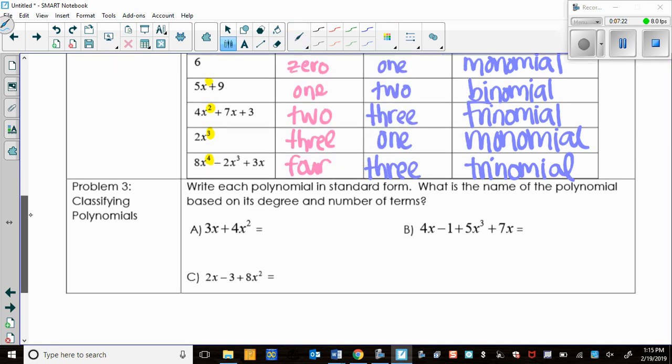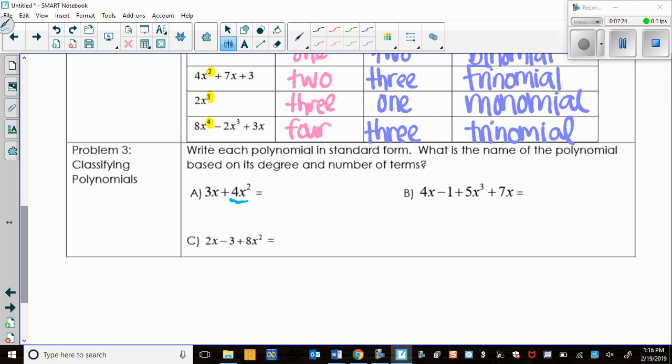My highest degree is 4x squared, so that's going to be my first term. Then I'm going to add 3x so that I can maintain the same value. So this is my final answer in standard form. Notice how x to the second power comes first and x to the first follows after.